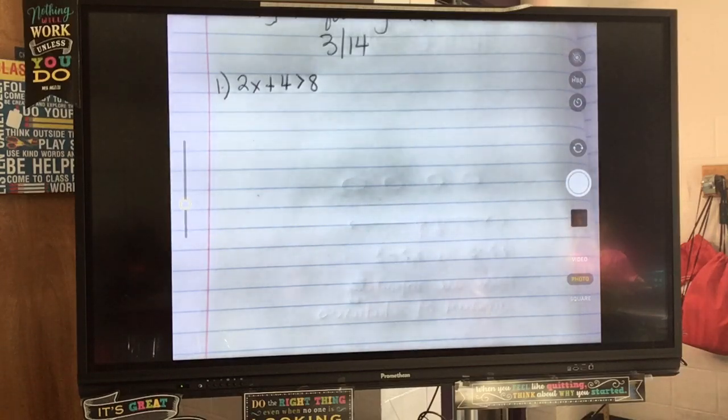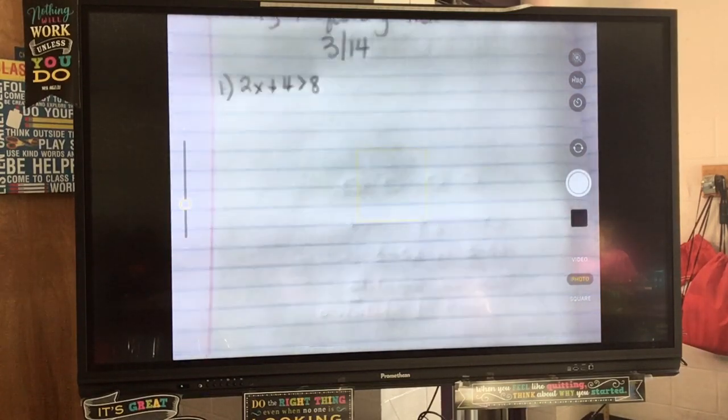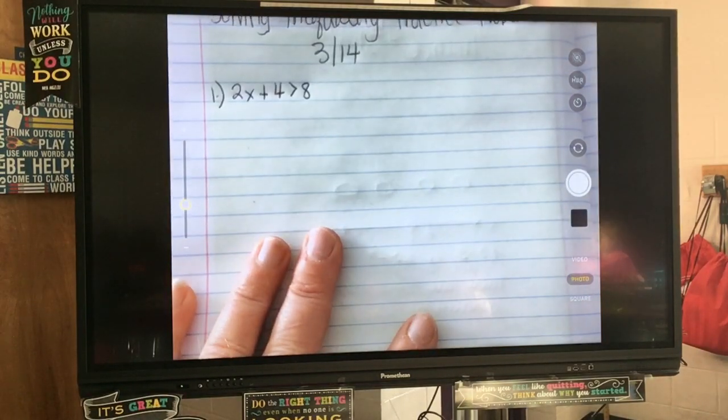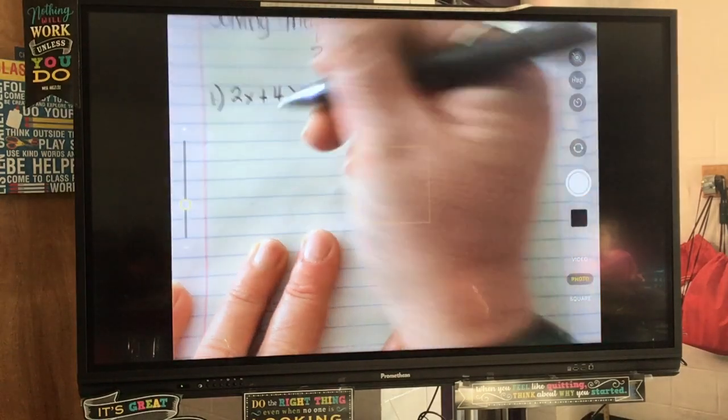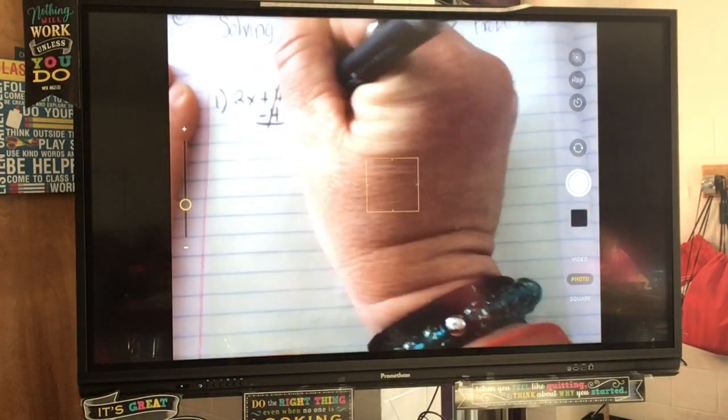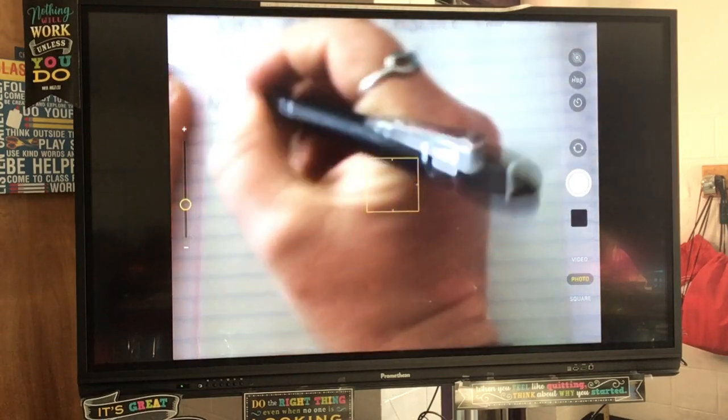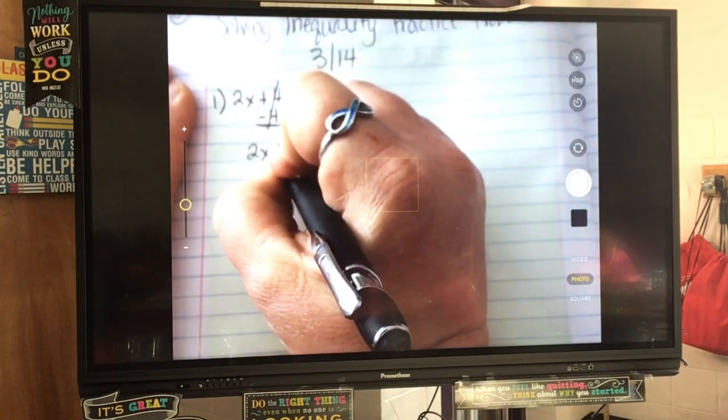All right, Lily, you're saying it's a two-step, so what's the first step I need to do? The plus 4, the opposite operation for addition is subtraction. So it would be subtract 4. And then we subtract 4 from 8.